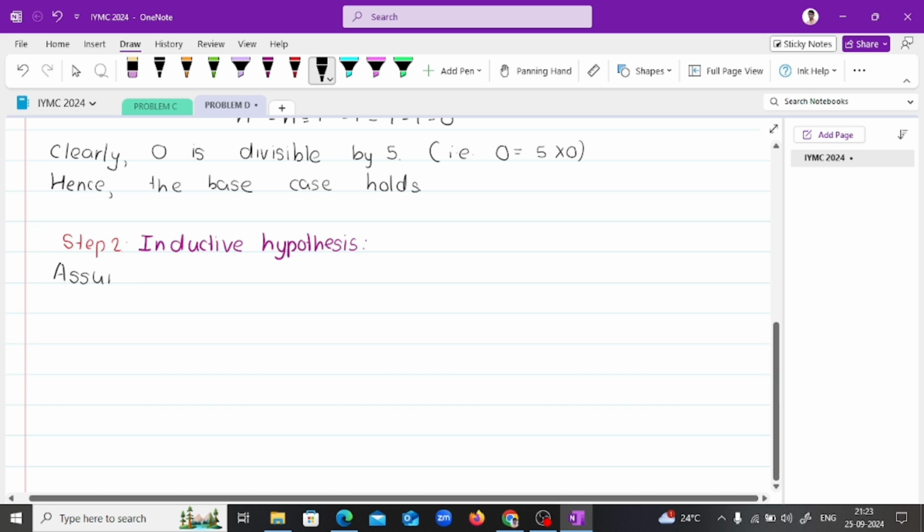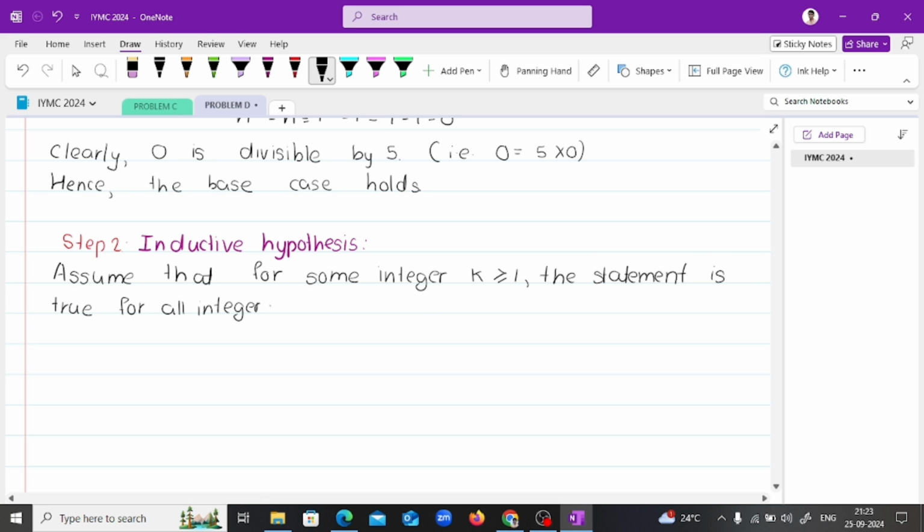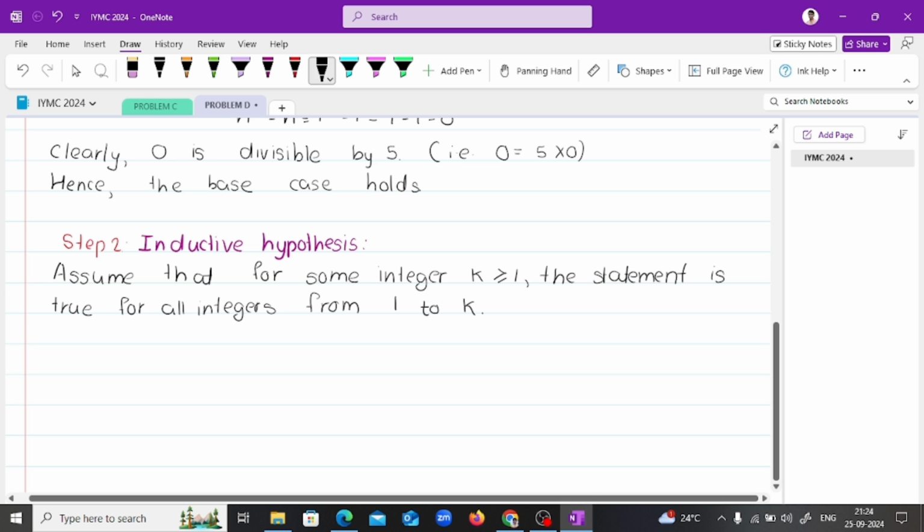So assume that for some integer k, for some integer k greater than or equal to 1, the statement is true for all integers from 1 to k.